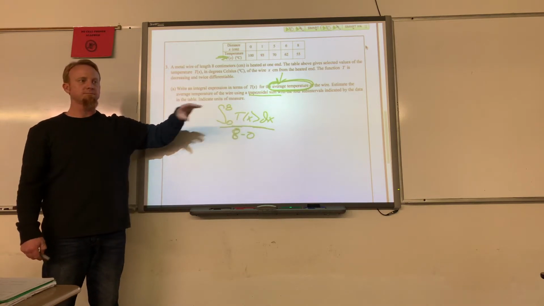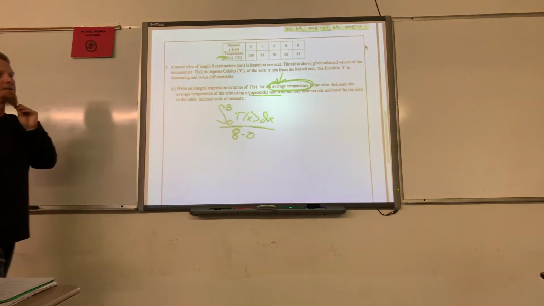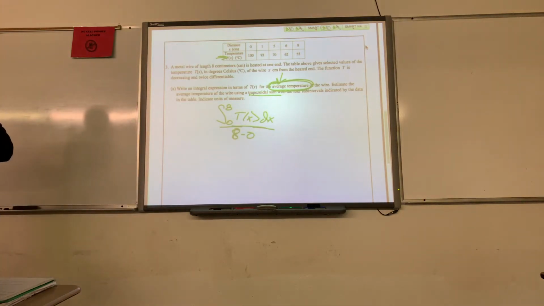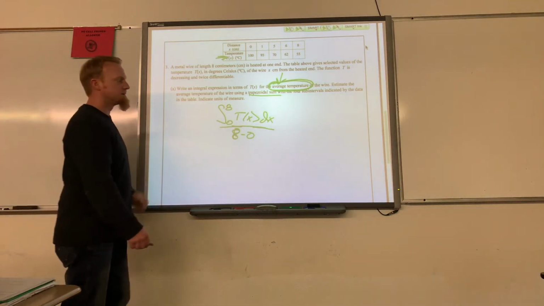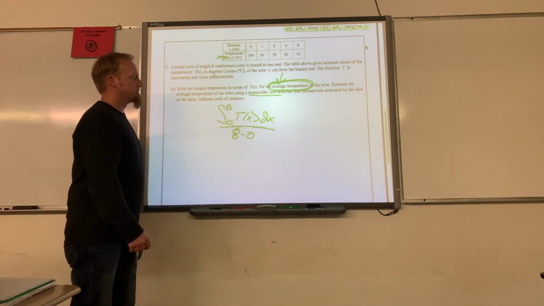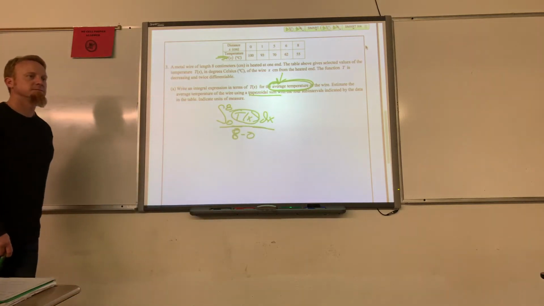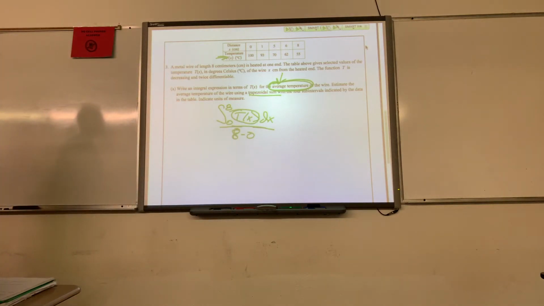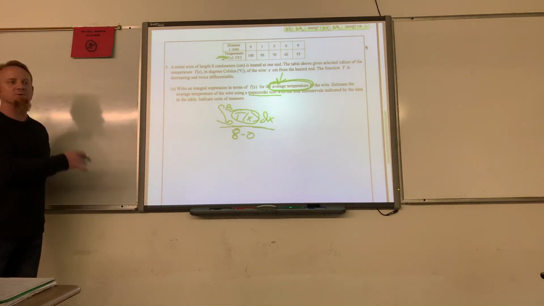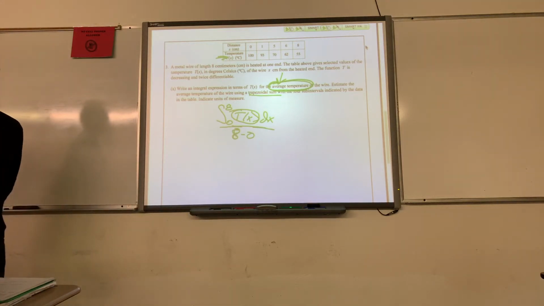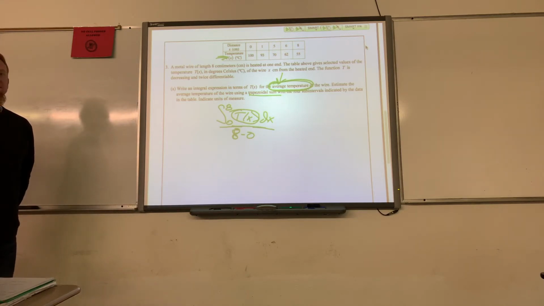So above the interval means it's that thing above 8 minus 0, right? This is above the interval. It says change in the function above. Well, so what's above it? Yeah, that's a good question. This is one of those things where I don't have a unit for you. This one's jacked up. But you can still get to the answer. Even though 8 minus 0 is still centimeters, you're crossing it out.